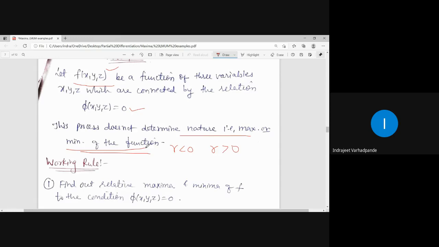Now we write down the working rule. Find out relative maxima and minima of f to the condition phi of xyz equal to 0. Find out relative maxima and minima of f means identify which function is to be shown maximum or minimum.